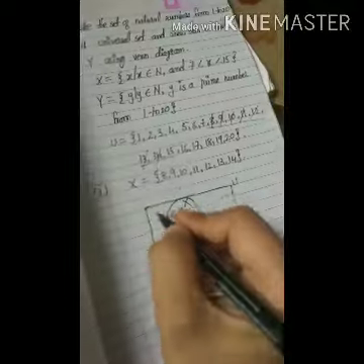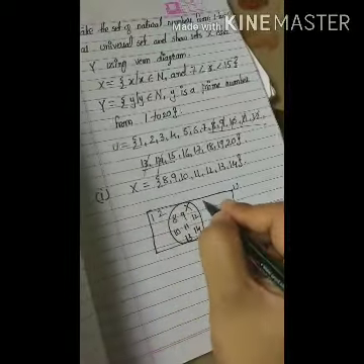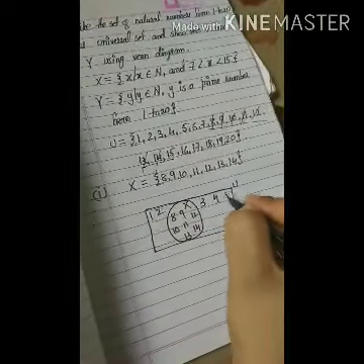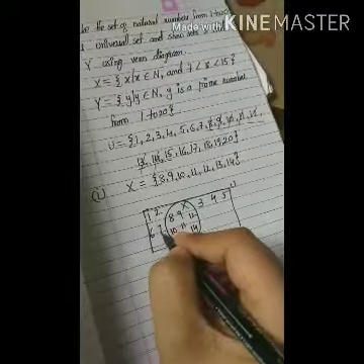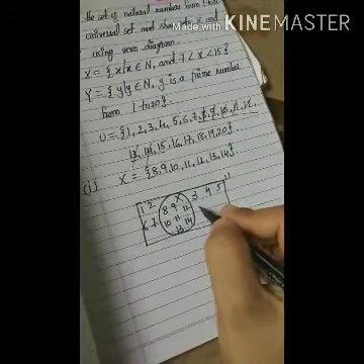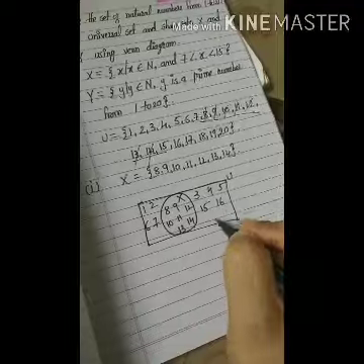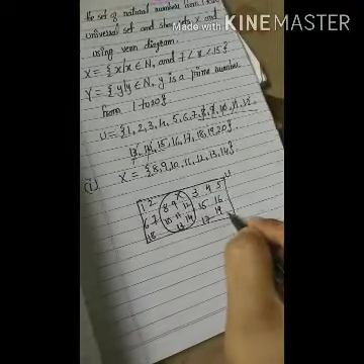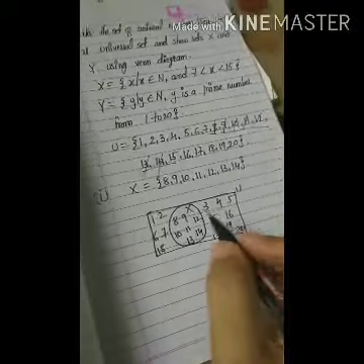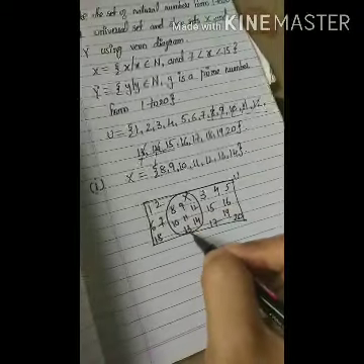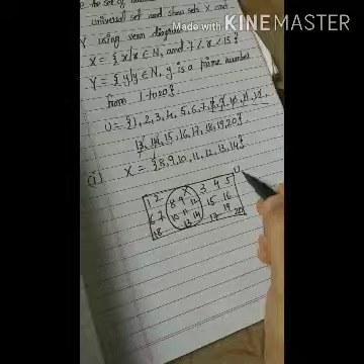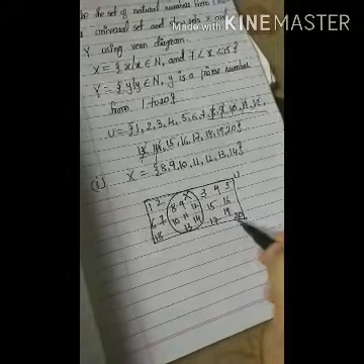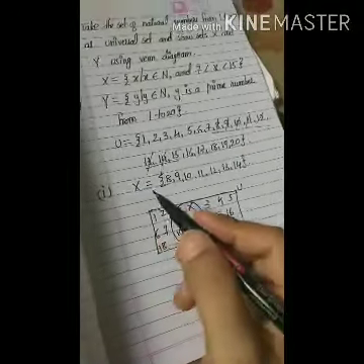The remaining are 1, 2, 3, 4, 5, 6, 7, 15, 16, 17, 18, 19, 20. This is the set X and this is your universal set. This is the Venn diagram of set X.